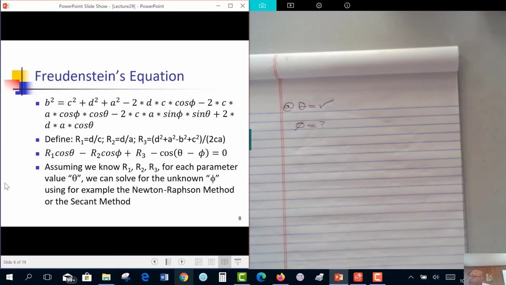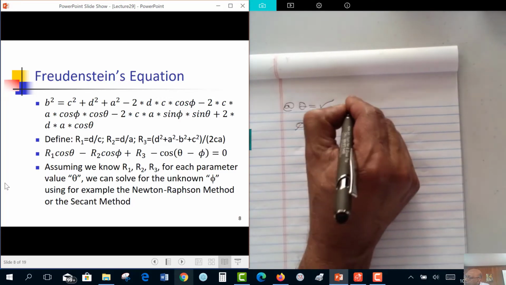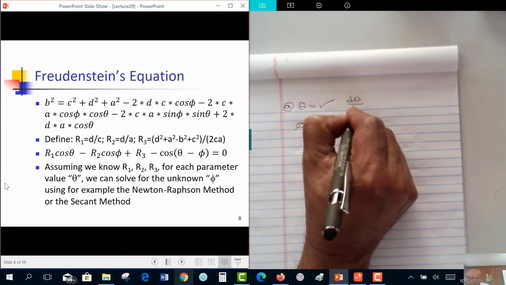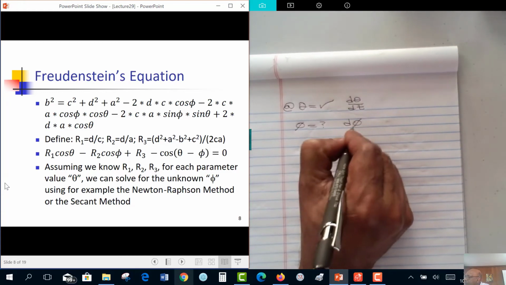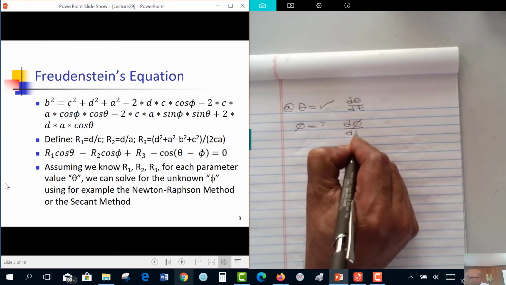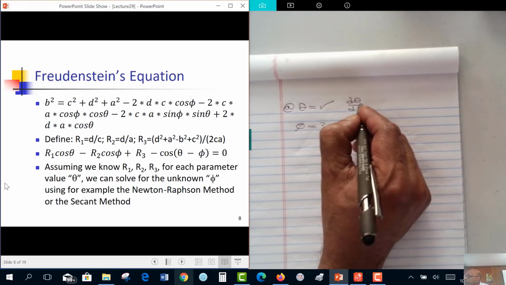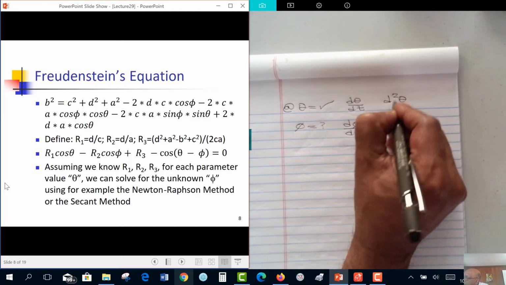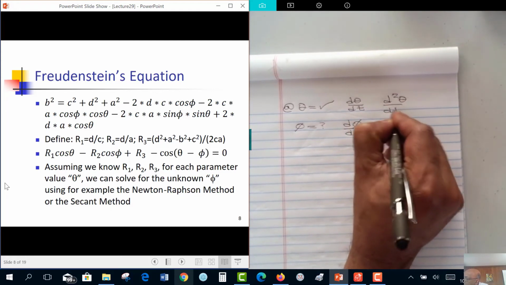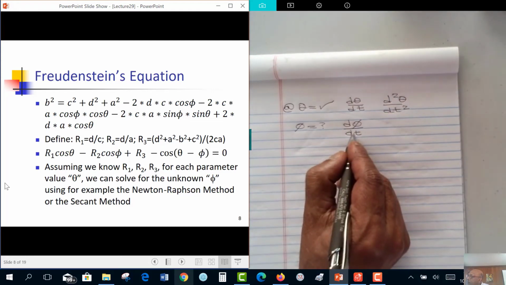Once we start rotating it, we can say given d theta dt, what is d phi dt? Imagining this to be a constant, or even if we have angular acceleration, we can include that here.